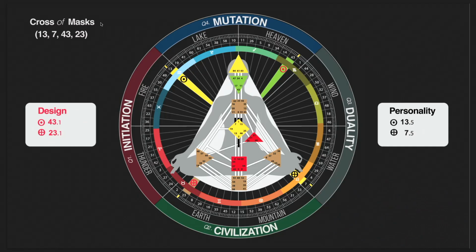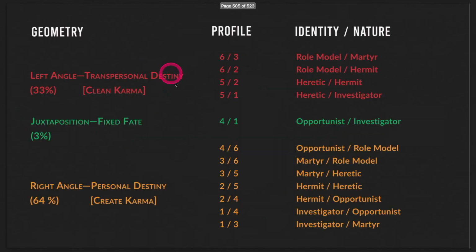Now we've got an active throat gate and we've got a channel. We've got the Ajna and the throat hooked up. So just by that mechanics, we can see how each profile and each gate brings a unique expression to each of these gates. Pretty freaking cool, folks. So you can start to see how the magic of this mechanic really works. And here we're talking about the 5-1, the heretic investigator.